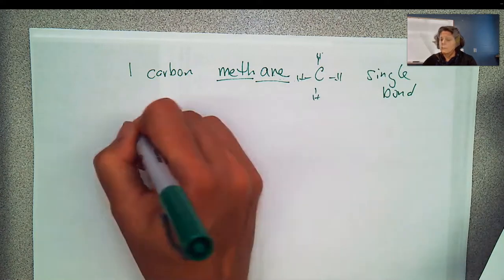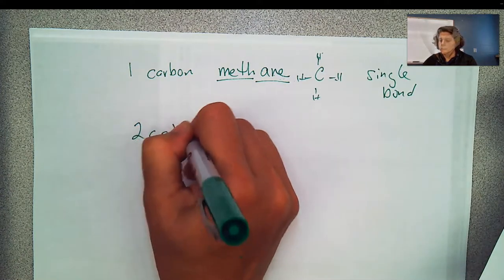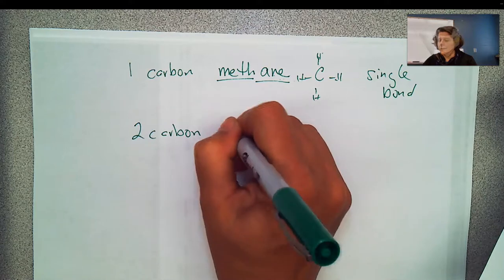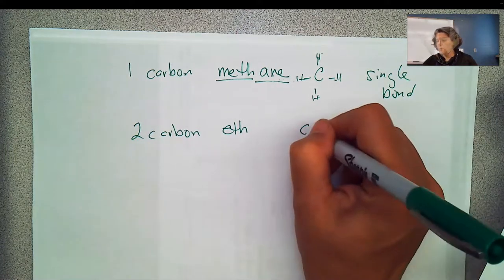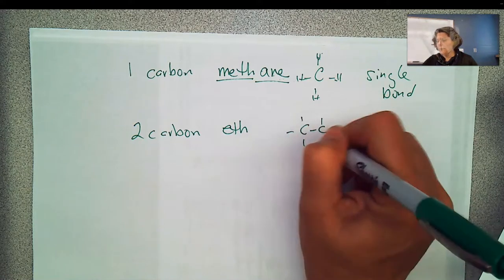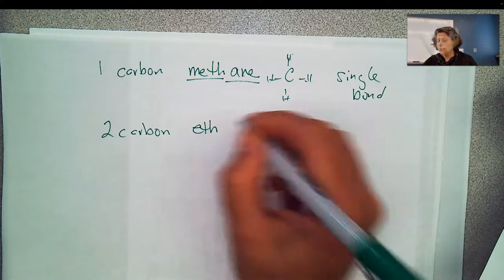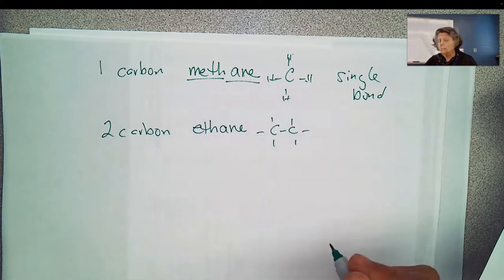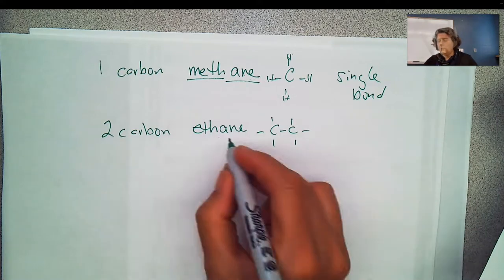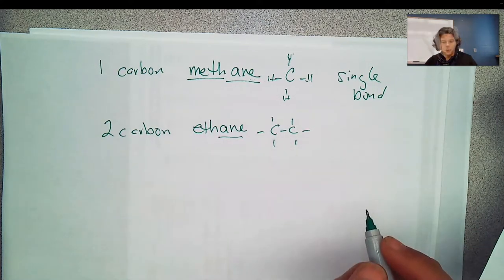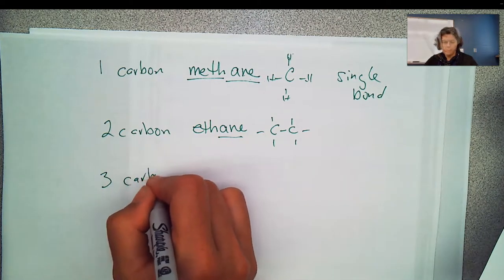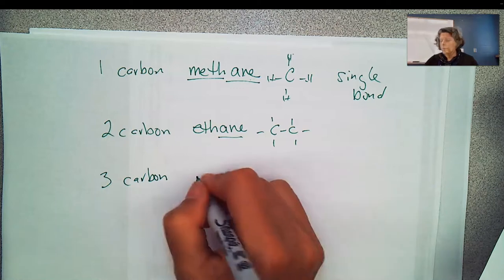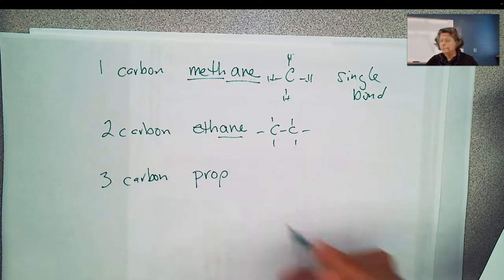If you have 2 carbons, that's eth. So if you have them single bonded to each other like we showed before, it'll be ethane. So it ends with ane. If we go with 3 carbons, we have the word prop.